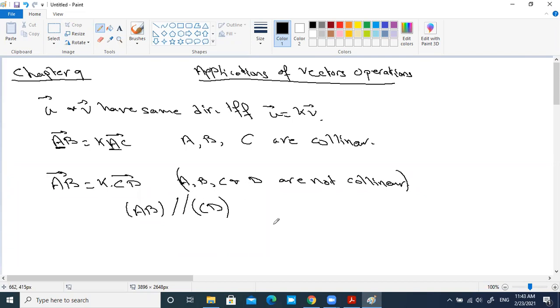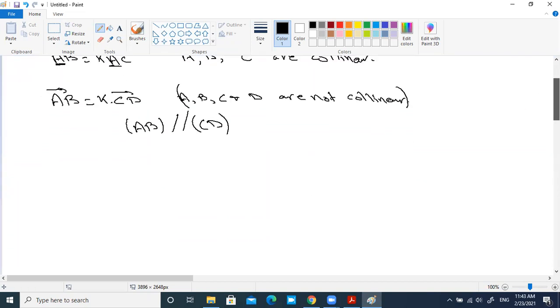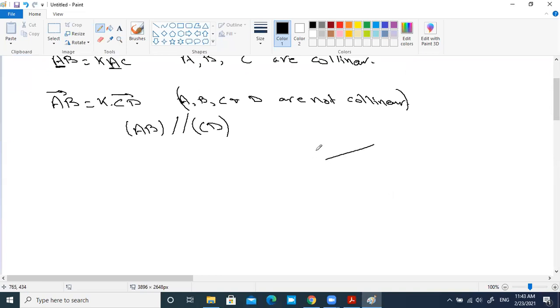They should be parallel. If they are not parallel, let's say here we have AB and CD, and these lines are not parallel, can we have AB equal to some constant times CD? If they are not parallel, then vectors AB and CD will not have the same direction, as we said in the previous lesson. If vector AB and vector CD have the same direction, it means that line AB should be parallel to line CD.